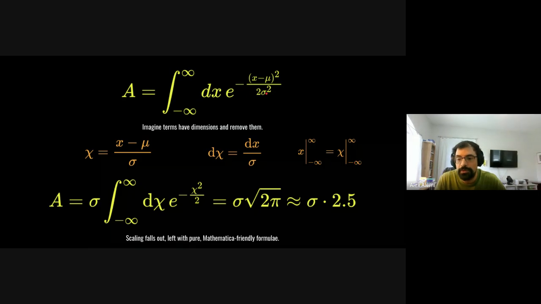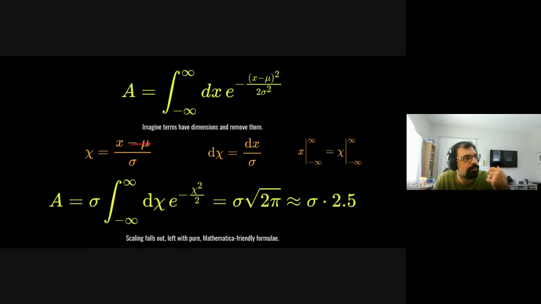Then to pull all the physics, all the scaling, out of this formula, we can do a change of variables to a dimensionless variable. We choose chi equals x minus mu over sigma. This is dimensionless: a length minus a length is a length, divided by a length is dimensionless. And we just do change of variables like they teach us in calculus class.